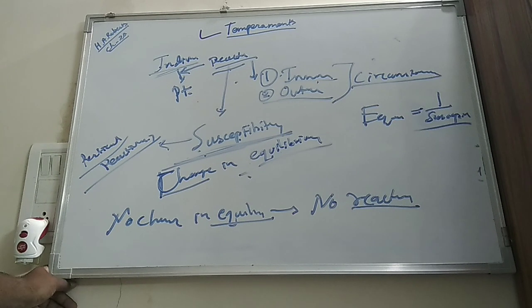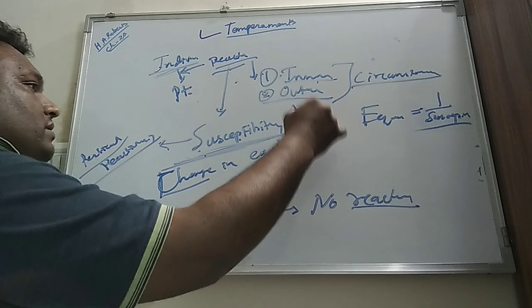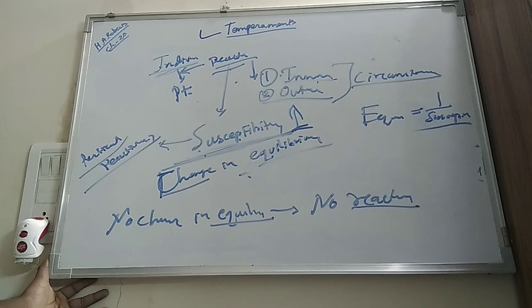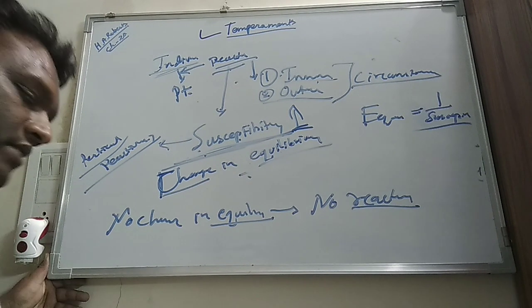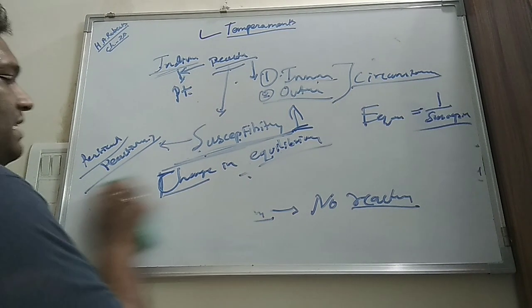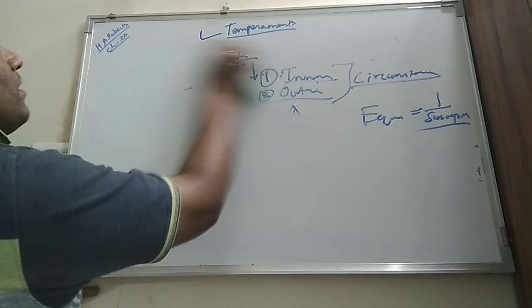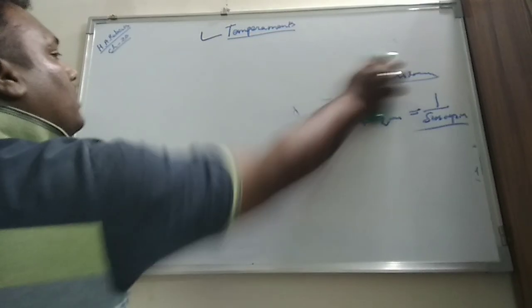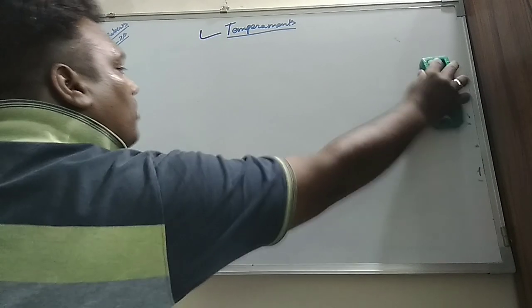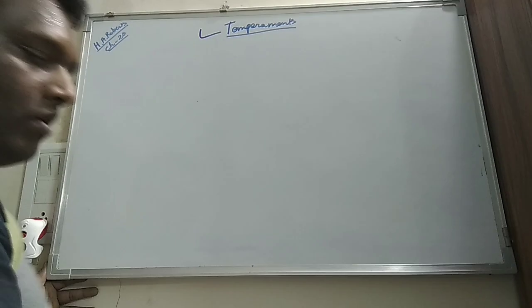Equilibrium is deviated, that means susceptibility is high. Whenever equilibrium has deviation, a person's susceptibility increases and symptoms appear, and that is a usual form of disease formation in nature that we can understand through inner and outer circumstances or temperament.